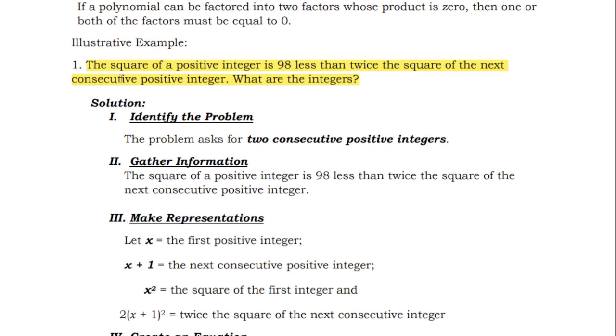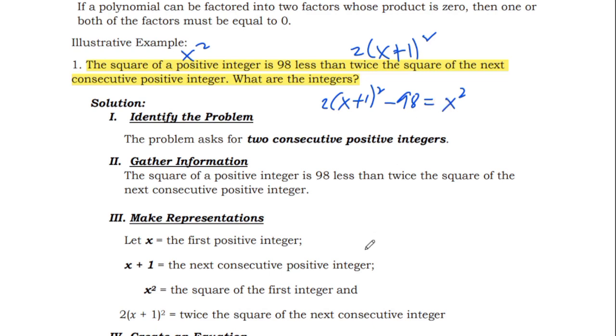So the equation that we translate from this verbal statement, the square of a positive integer, is x squared, and twice the square of x plus 1 minus 98 is equal to x squared.